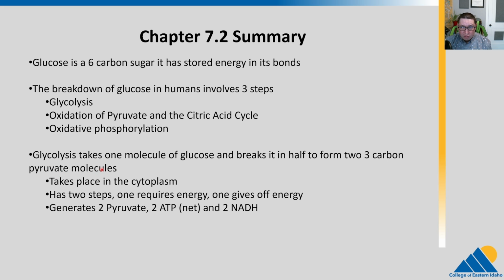This takes place in the cytoplasm, and it has 2 steps. We have the energy investment phase and then the payoff phase. The end result is 2 pyruvates, 2 ATP net, and 2 NADH coming out of that, storing high energy electrons. All right, in the next section, we will follow these pyruvate molecules.